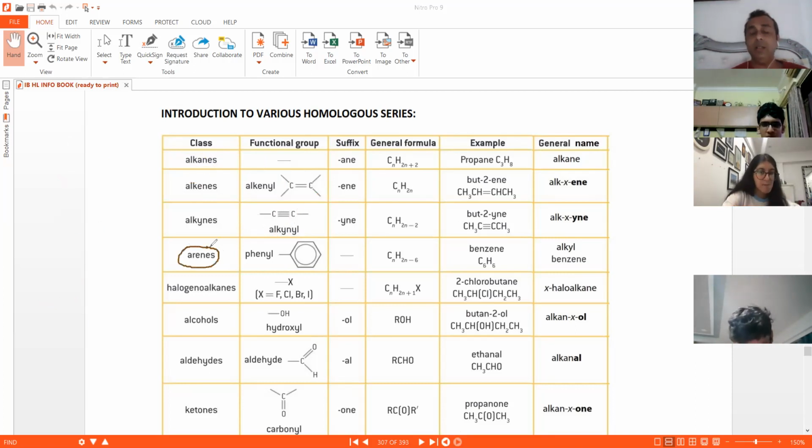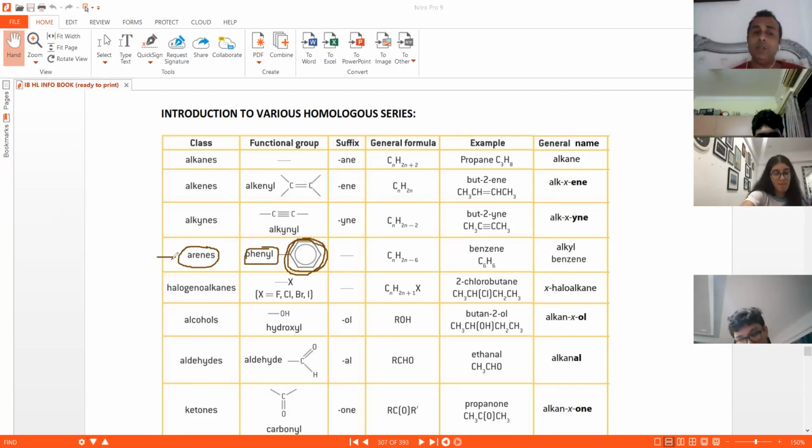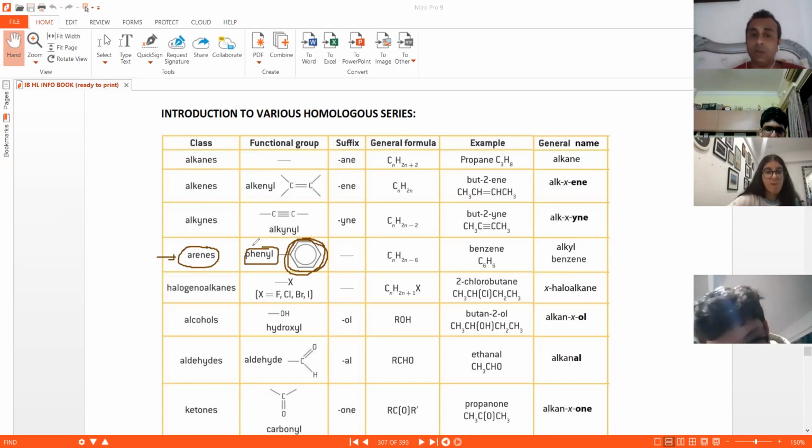Arenes means the compounds derived from benzene. So there has to be a benzene group in the arene compound. Okay, and this part is called phenyl. The functional group is phenyl. Arene is the name of the homologous series. Phenyl is the functional group.